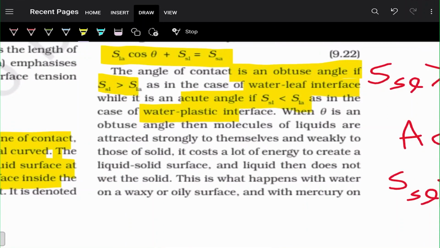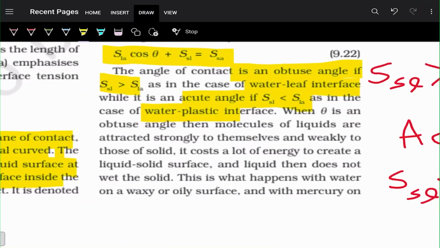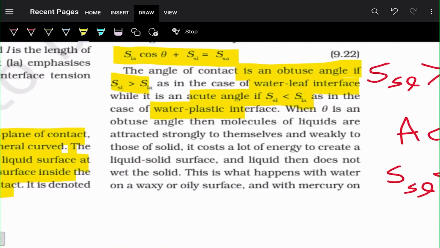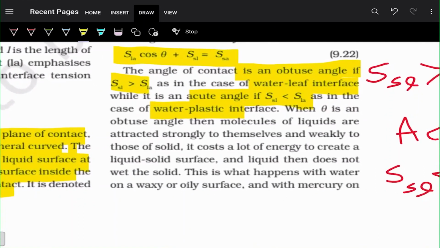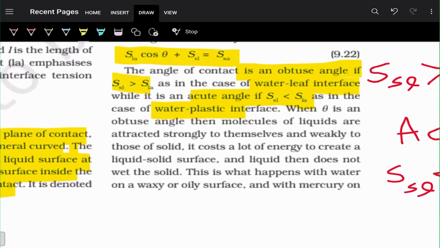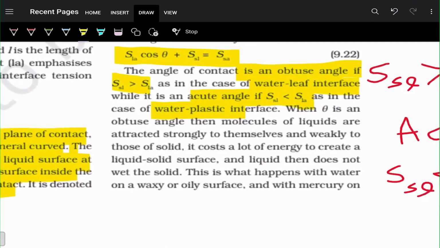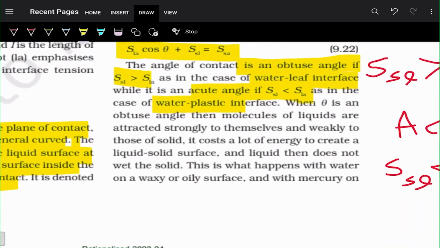It costs a lot of energy to create a liquid-solid surface, and liquid then does not wet the solid. This is what happens with water on a waxy or oily surface.